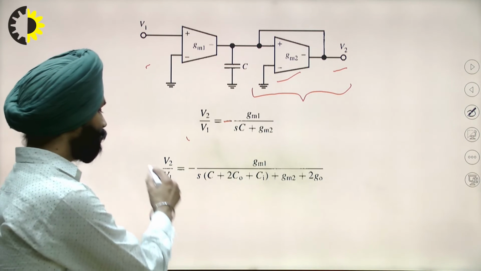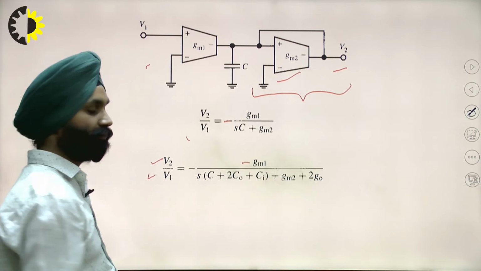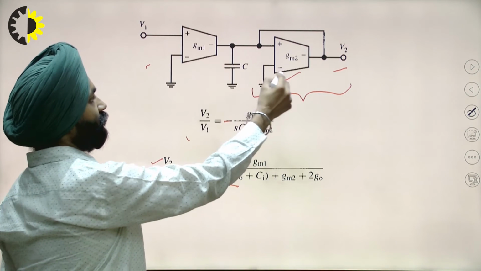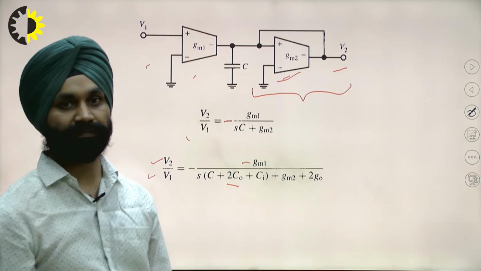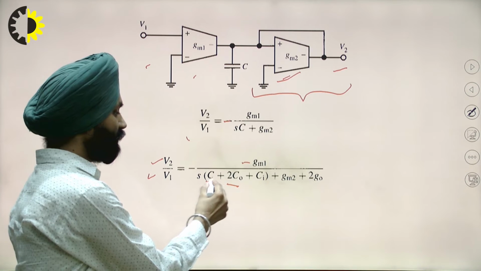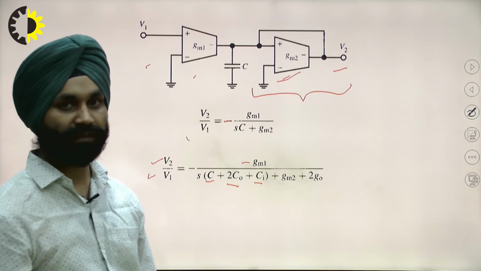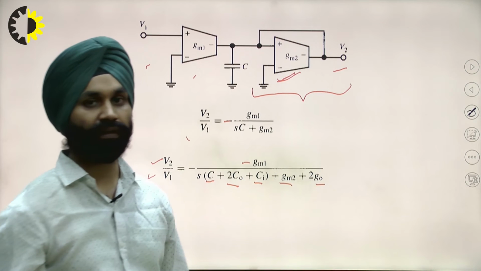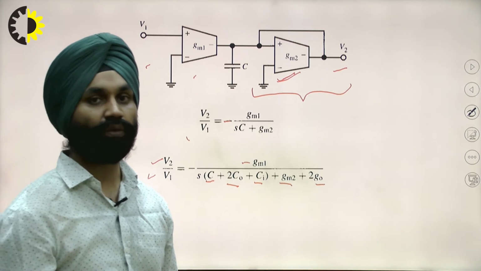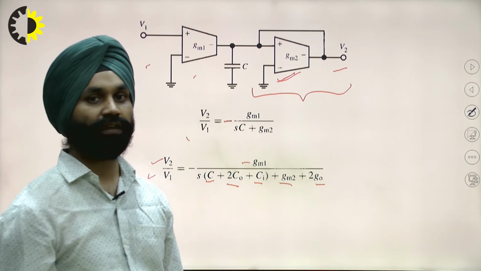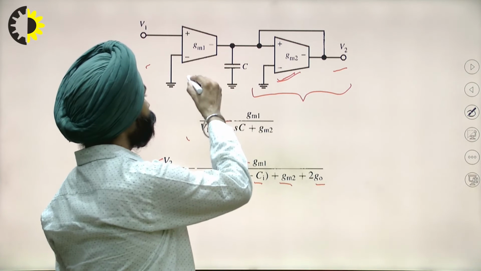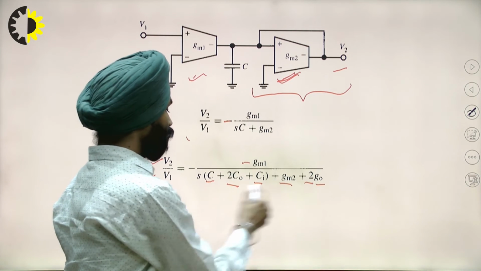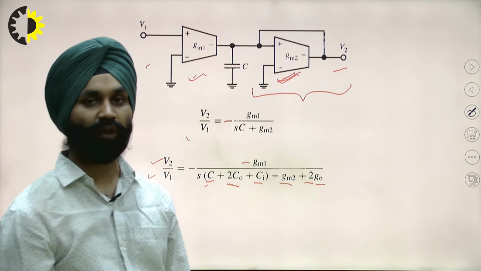Then it can be given as V2 by V1 equal to Gm over S times the two capacitances, C0 for the output stages plus Ci for the input, plus Gm2 plus the external output resistances of this OTA as well as this OTA. So it is twice C0 and twice G0.